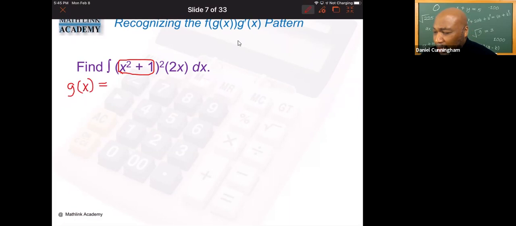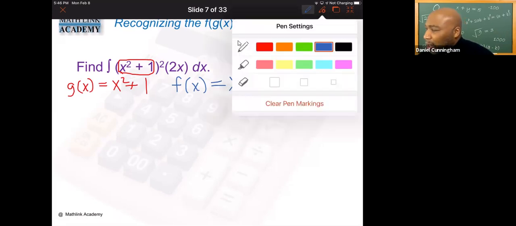It's going to equal x squared plus 1. My outside function, write it in blue, is really x squared. That's the outside function, my composite function that gives me that function of the quantity x squared plus 1, squared.